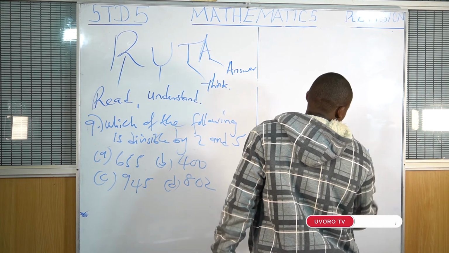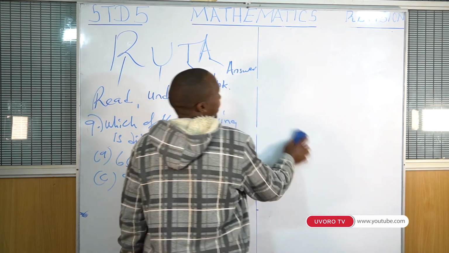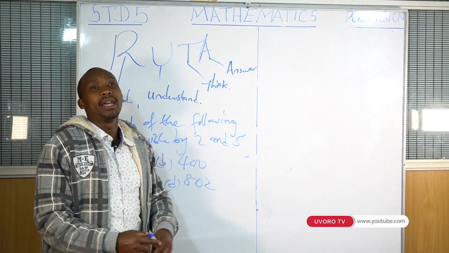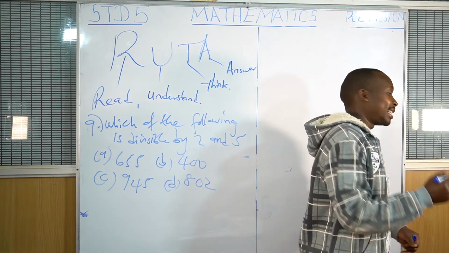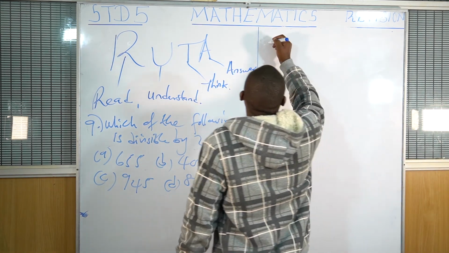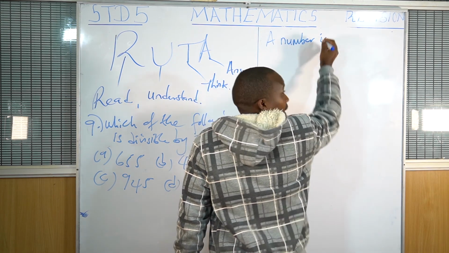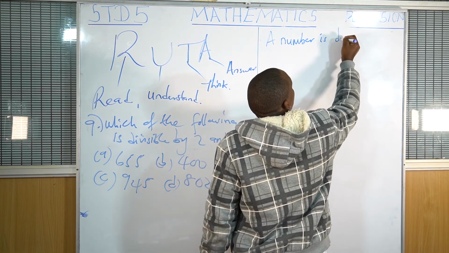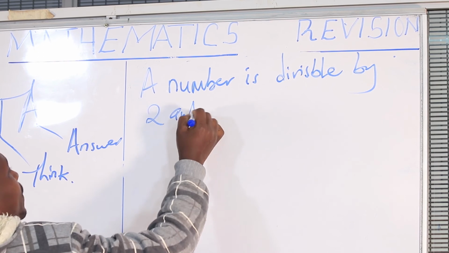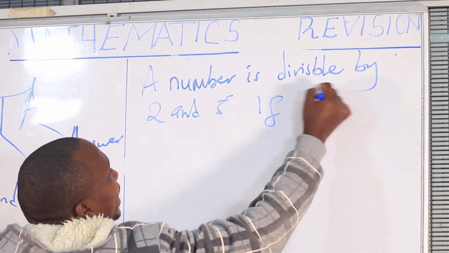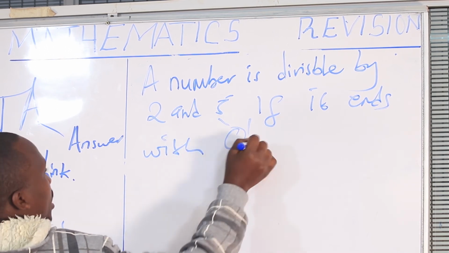Now, somebody tell me, a number is divisible by 2 and 5 if it ends with what? 0.